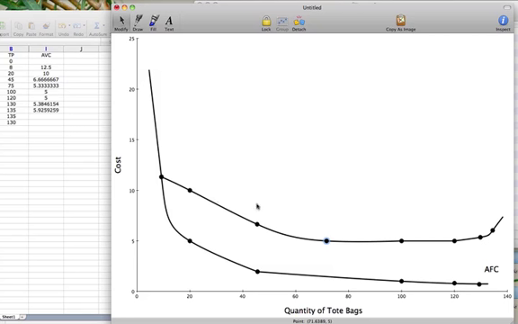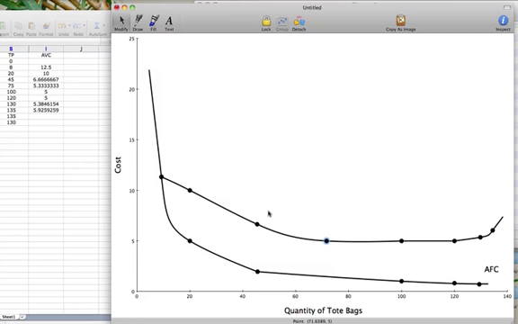Average variable cost first falls because as our workers become more productive, the cost of those workers is spread across more units. The per unit variable cost decreases.